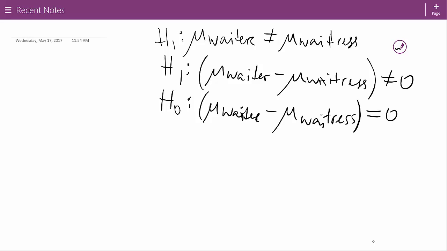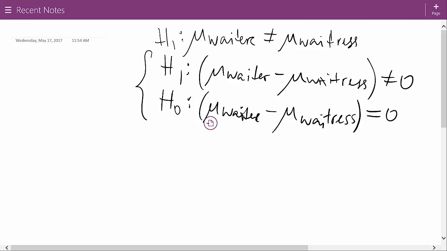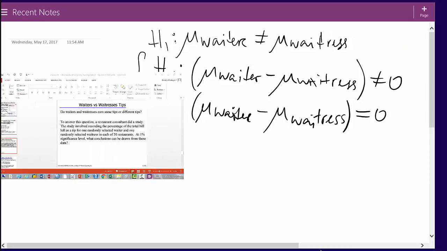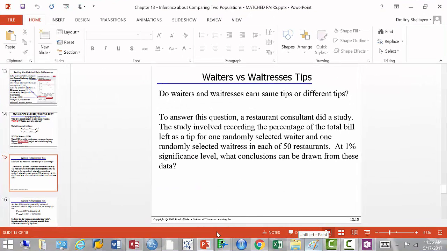If it's equal to 0, what do I say? They are the same. Tips are the same. That's what I'm testing. And it's got to be a t-test because the differences are normally distributed. Make sense?